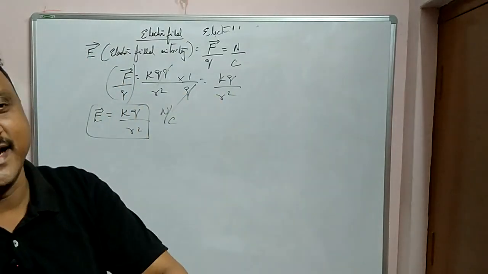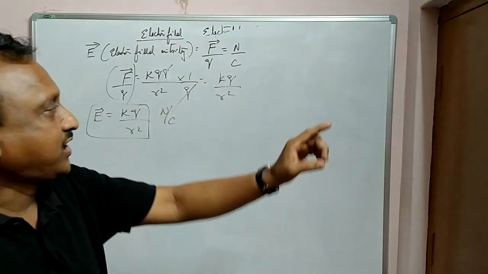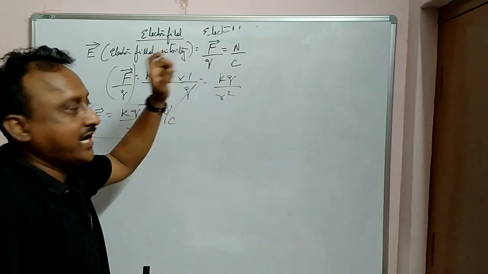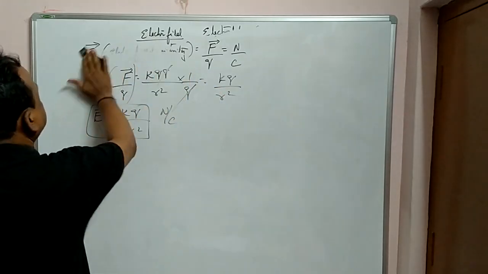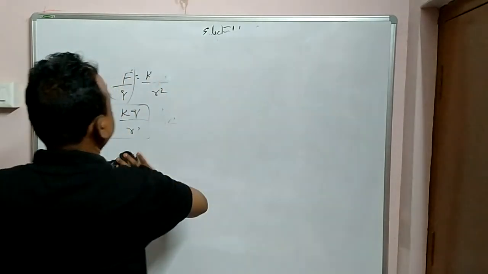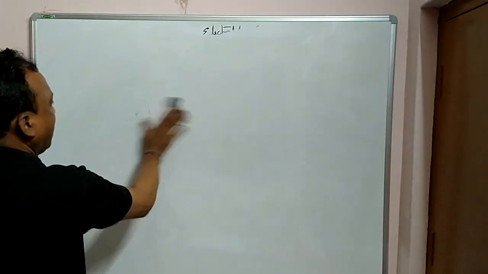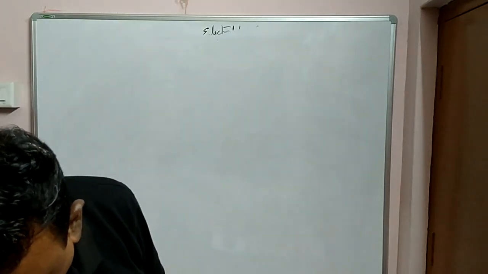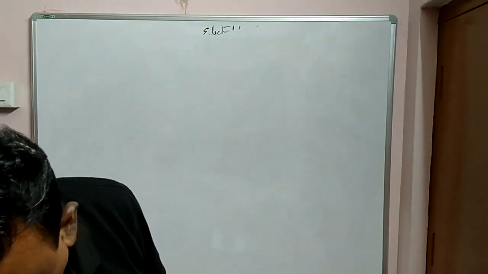What is electric field intensity? The force acting on a unit positive charge placed in that electric field. Okay? Right. And of course, electric field intensity is a vector quantity, please. Electric field intensity is a vector quantity.